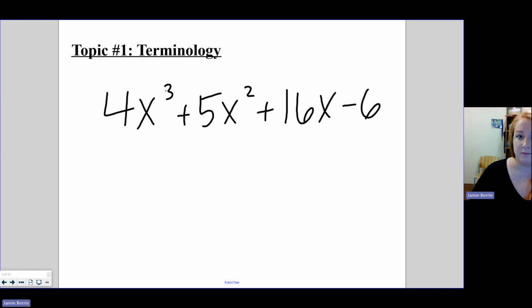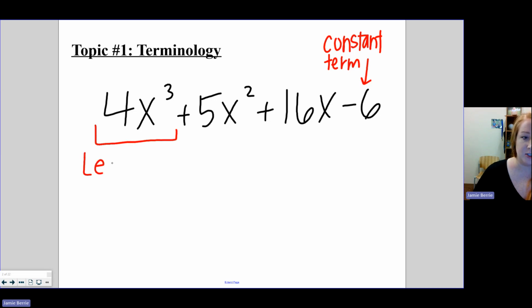We have 3 as our exponent on the first term, 2 is our exponent on the second term. There's a little invisible 1 on that x there. And then this is our constant term. The last one is called our constant term, and that just means it's a number. It doesn't have a variable. This term here is called our leading term.